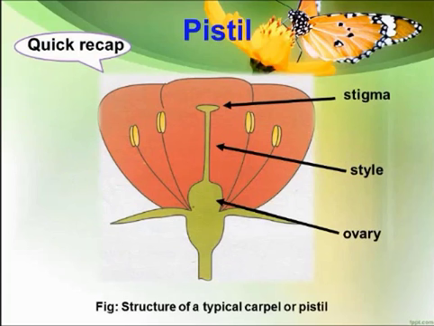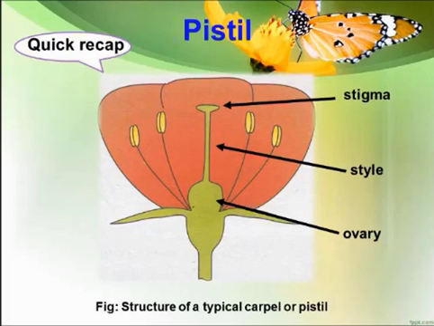Before beginning with the development of the female gametophyte, we shall first recall the female reproductive part of a flower. In the previous unit of this session, we have studied the structure and function of the gynoecium. Carpel is the basic unit of gynoecium.